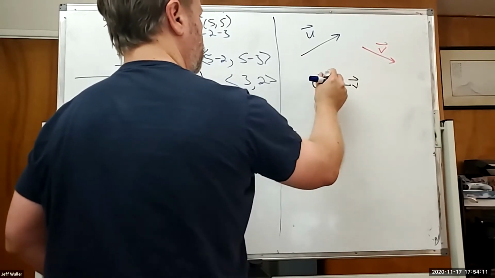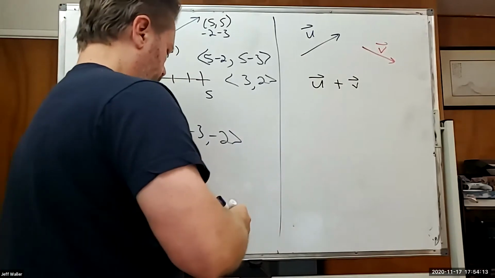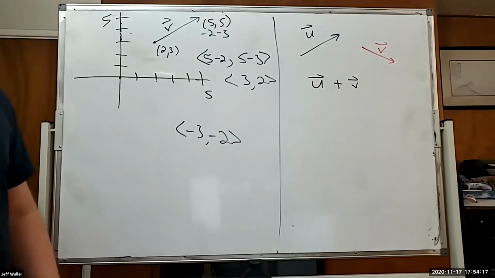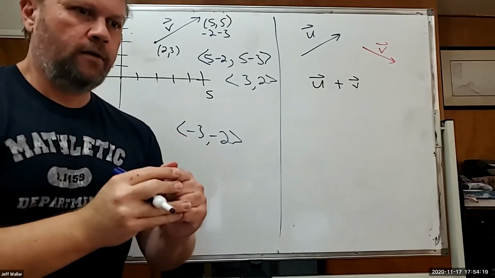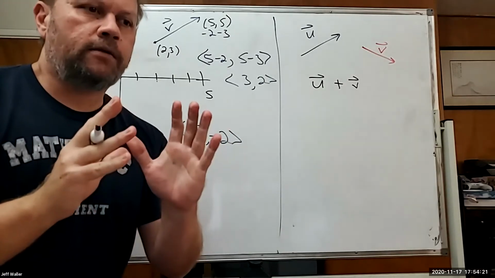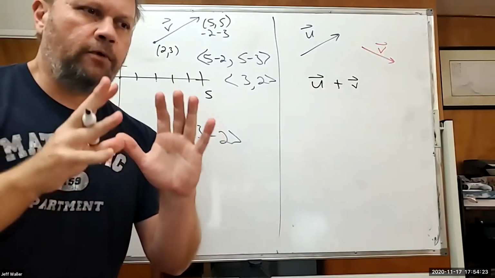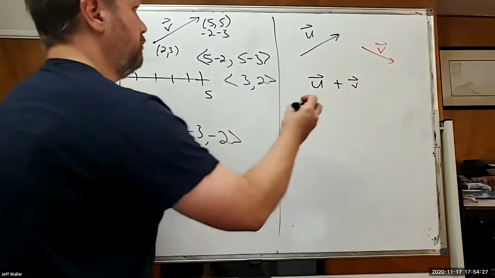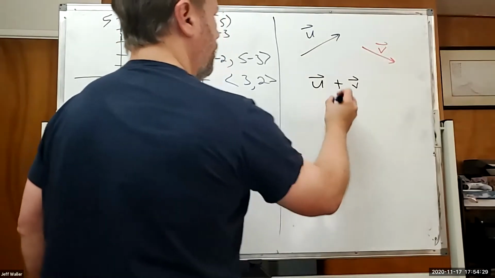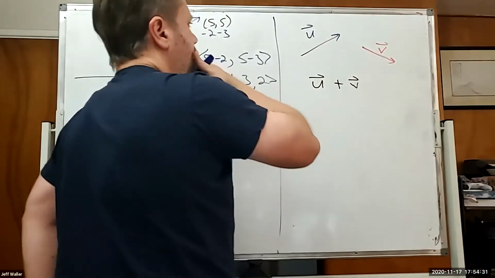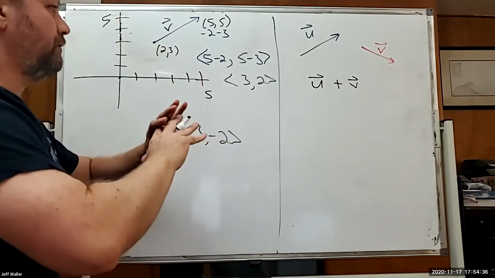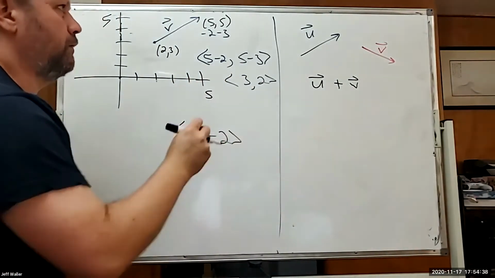I want to figure out what that is. Let's see what that looks like geometrically, and then we'll talk about what it means algebraically. So geometrically, what I would do, and here's the idea. Let me see. This is really interesting, trying to figure out what order I want to show things to you.